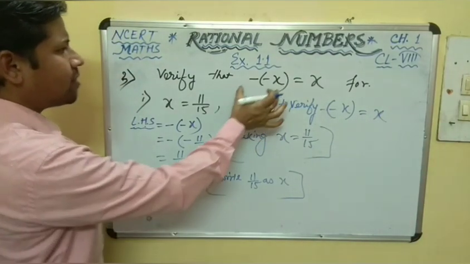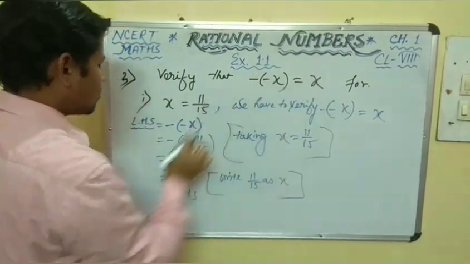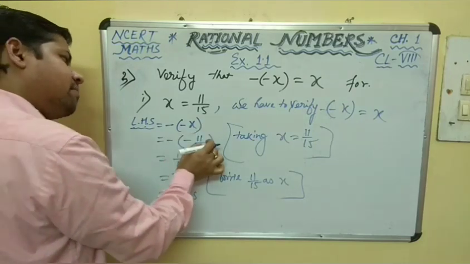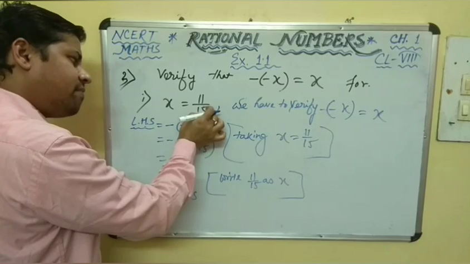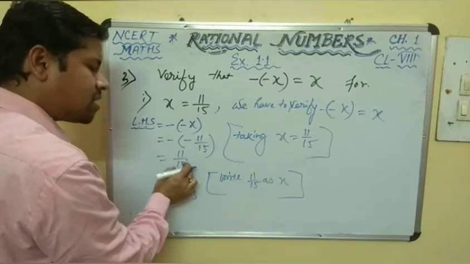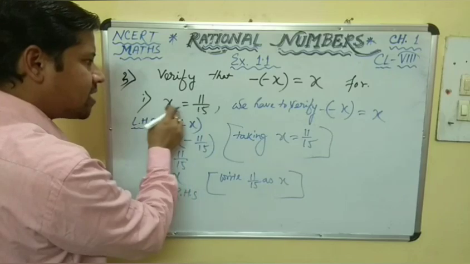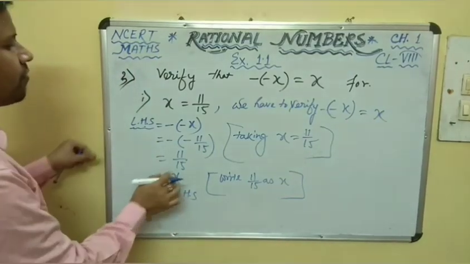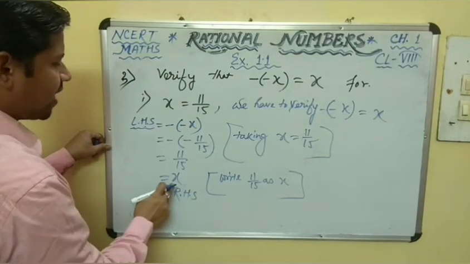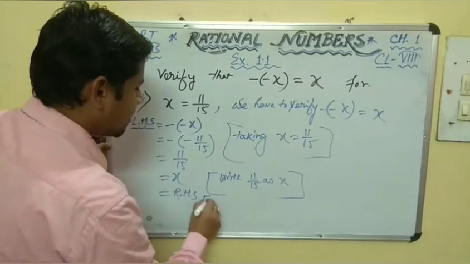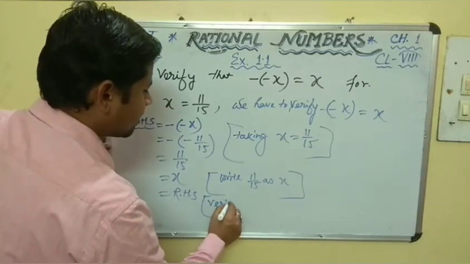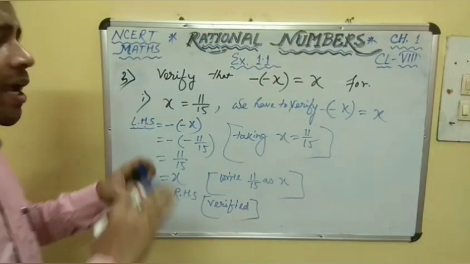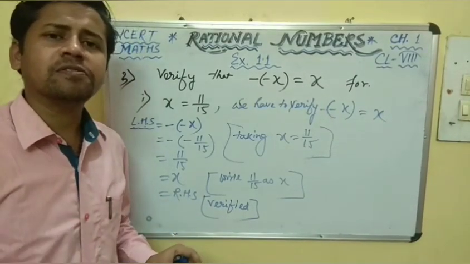With the left hand side being minus of minus x, we put x as 11 by 15 and minus minus becomes plus, so 11 by 15, that is x, the right side. We have verified that minus of minus x equals x, so here we write verified. Similarly, we can verify in this way every number.